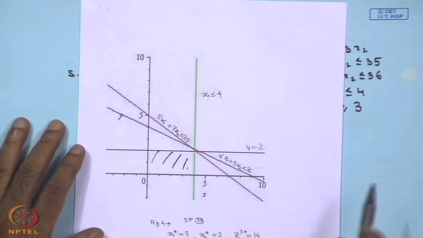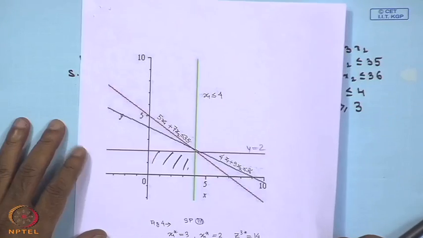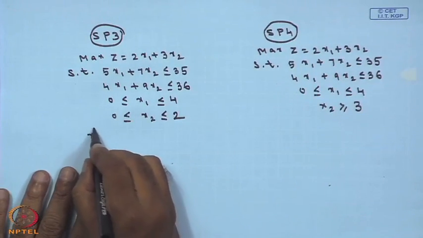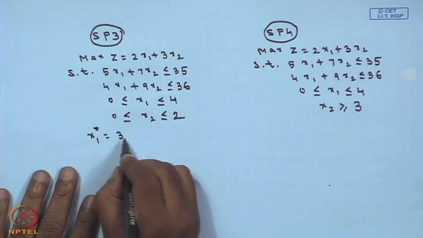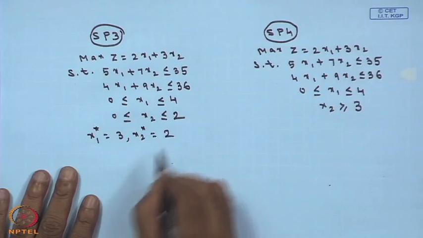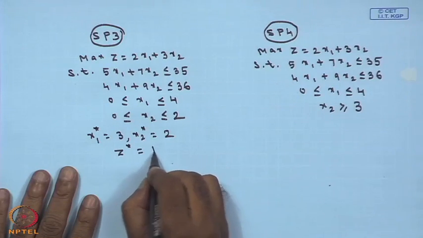Just see the figure; from here you can check the point where you are getting the solution. So, your solution for SP3 will be x1 star equals 3, x2 star equals 2, and z star equals 14.